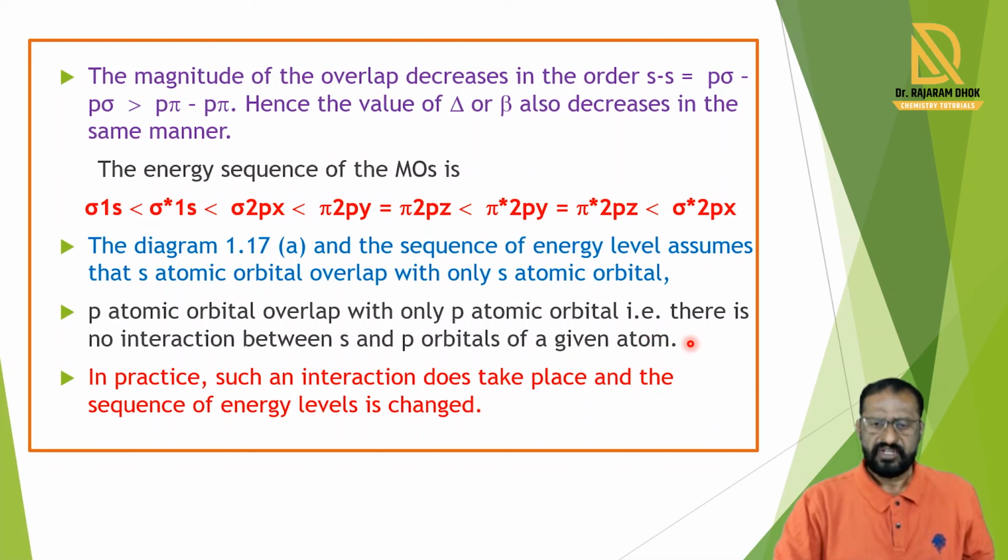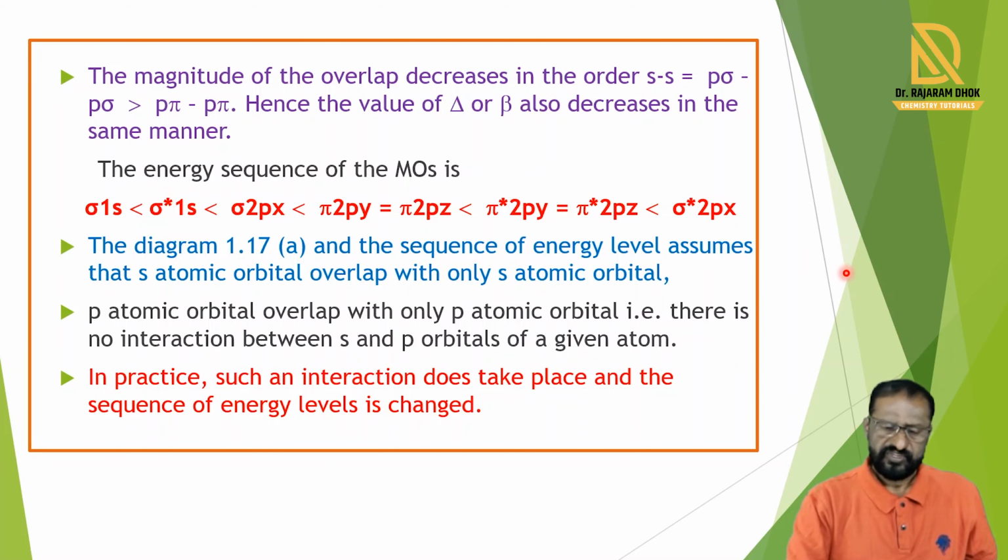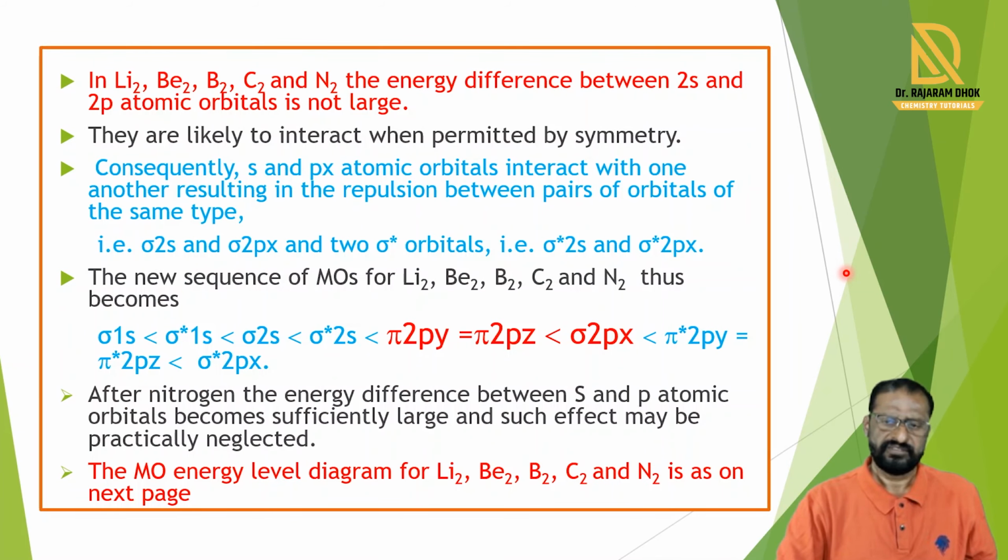But actually the s and p orbital interaction is possible in some cases. And when such type of interactions are present, then at that time the energy sequence which is shown here may be changed. So how it is changed, we see this.